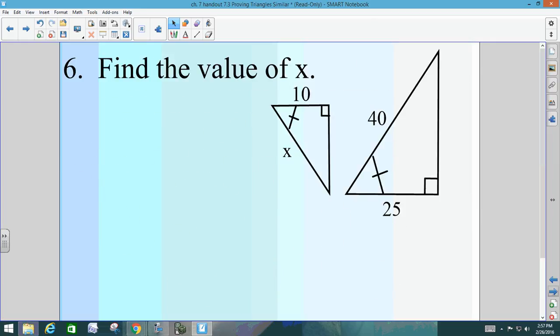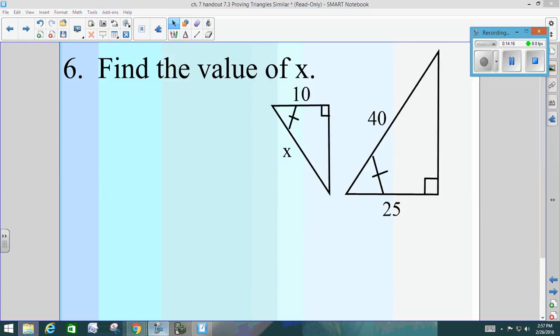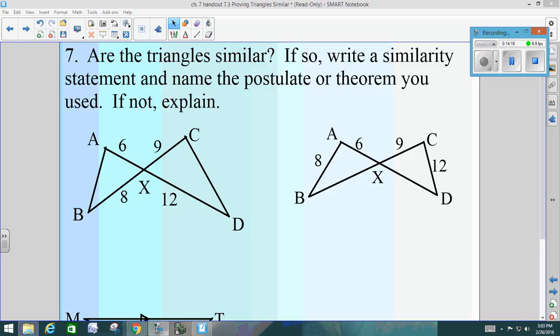Do number 6 on your own. Look for angles first. Do you have any pairs of congruent angles on that first one? Okay. Then check your corresponding sides, short to short, long to long.